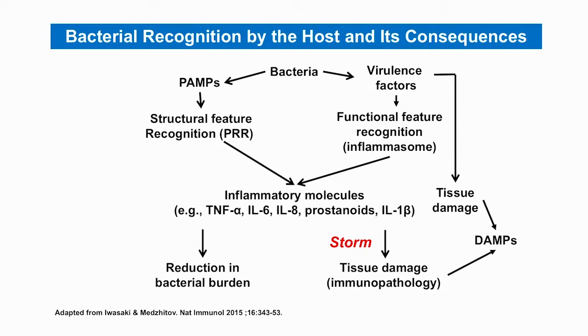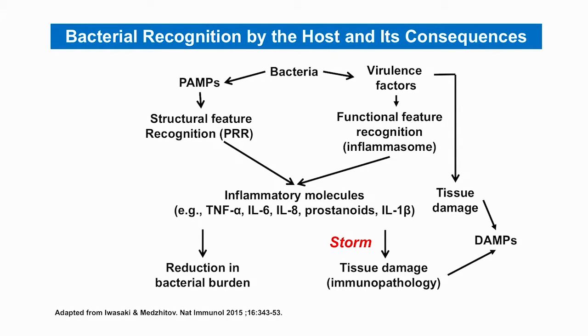For example, there are bacterial exotoxins which behave as a channel in the membrane of the host, and when the channel is in the membrane, there is a potassium efflux which is sensed by the inflammasome. And you know that the inflammasome is a very important system for the defense against bacteria.